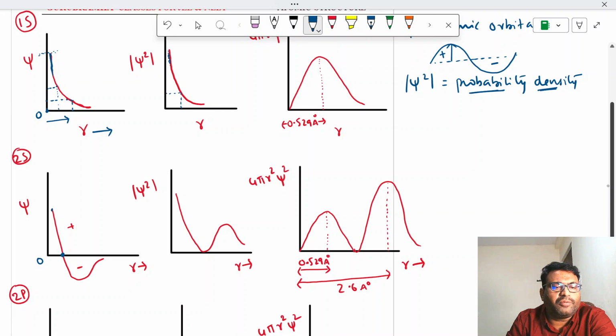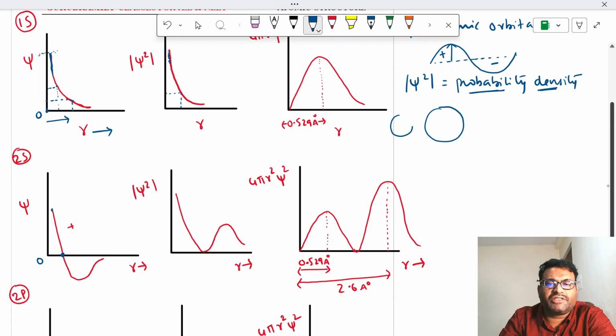Psi is zero, and as psi can have negative values, you also find a negative region. When compared with the size of the 1s orbital, the 2s orbital size will be larger.